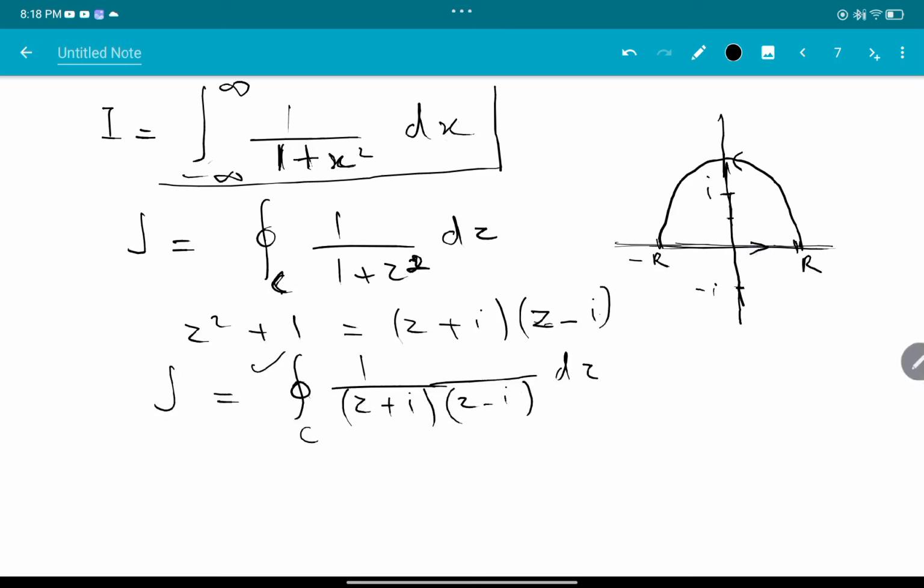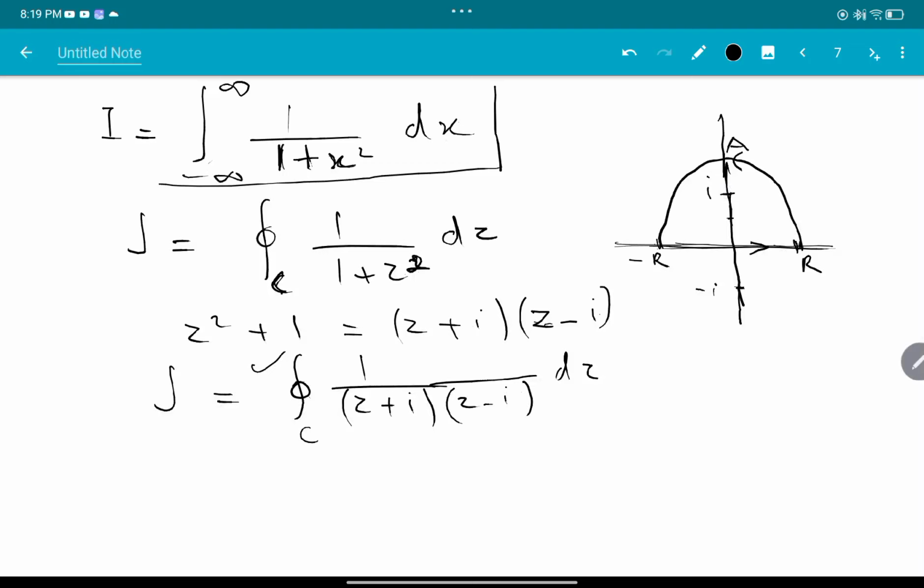That means if I label it from minus r to r, it is a closed loop enclosing one singularity. The other singularity is out of it. Now let me first deal with this singularity, z equal to i.